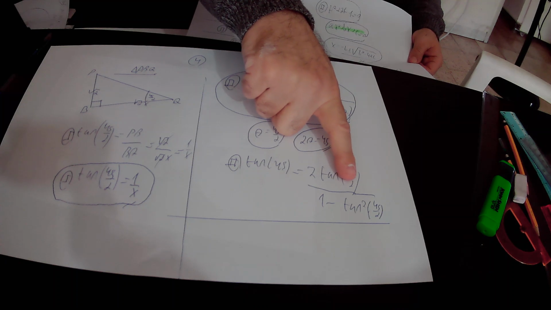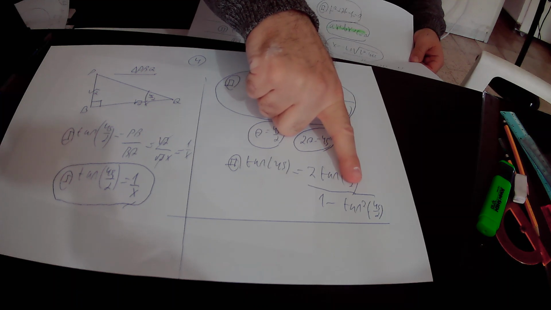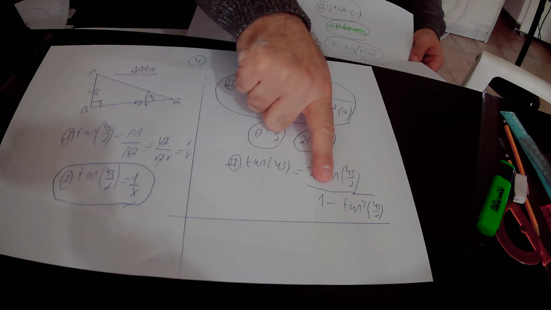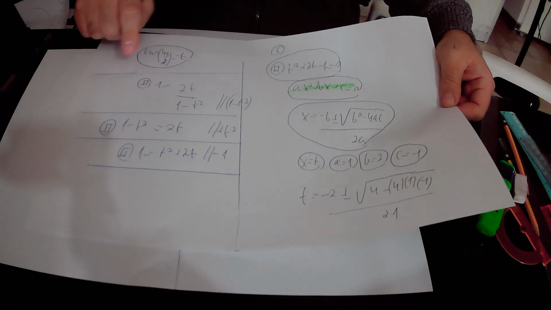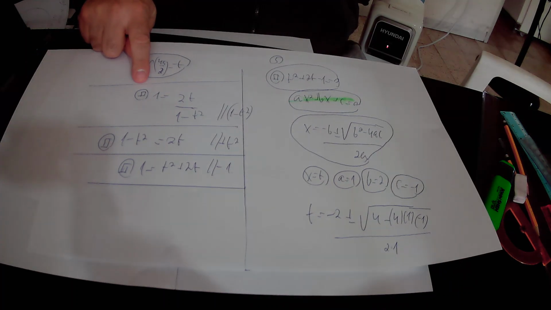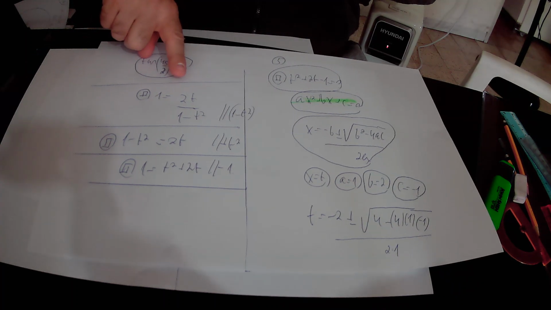If tangent 45 over 2 is t, then tangent squared 45 over 2 is t squared. So in the denominator we have 1 minus t squared. So according to equation number 2, 1 equals 2t over 1 minus t squared.